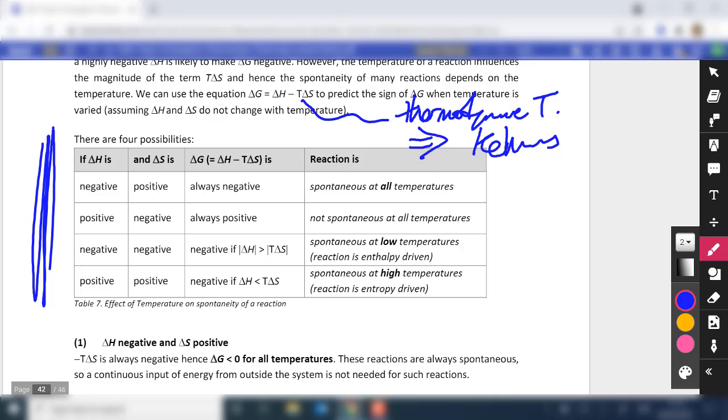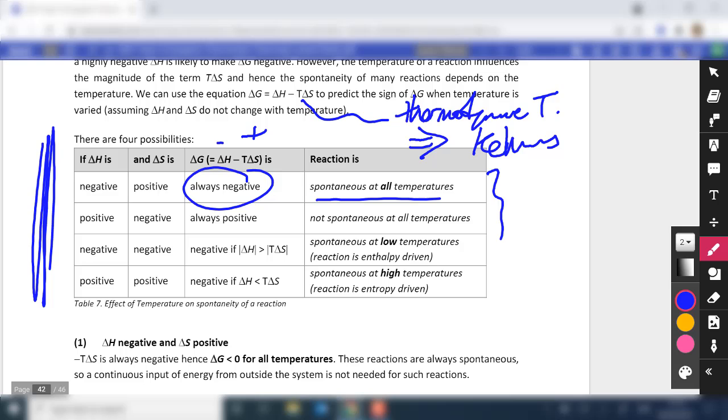With this in mind, you can easily tell these two cases. If delta H is negative and delta S is positive, obviously delta G is always negative, because T must always be positive as well. A negative term minus a positive term is always negative. Therefore, the reaction is spontaneous at all temperatures.